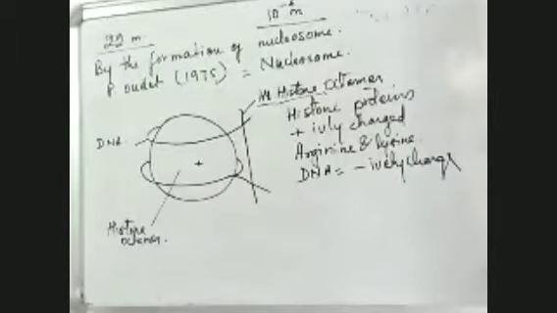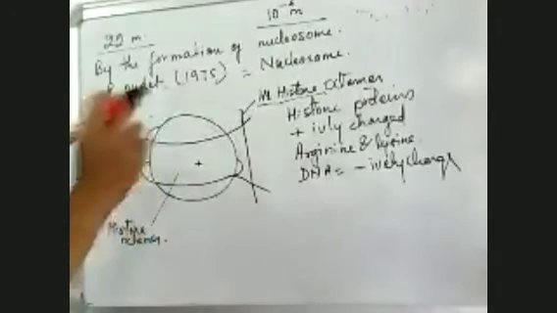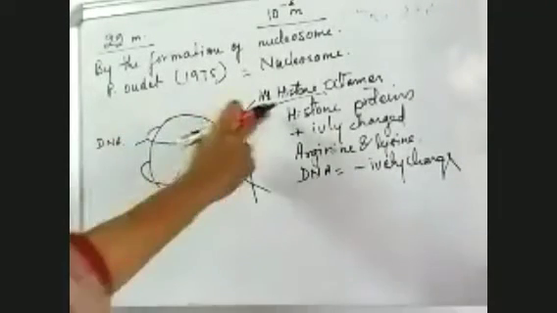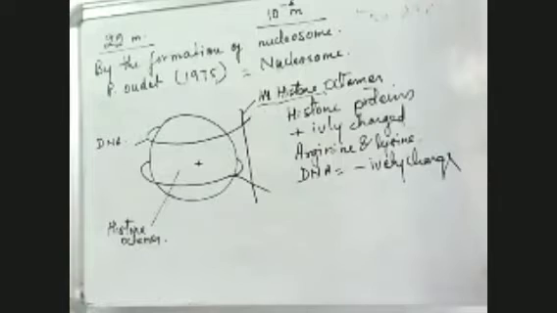Mostly the H1 histone name is not considered along with the octamer, because it is not inherited. It is not transferred from the parents to the progeny. Others are transferred. Only H1 histone is not, so mostly this name is not taken.